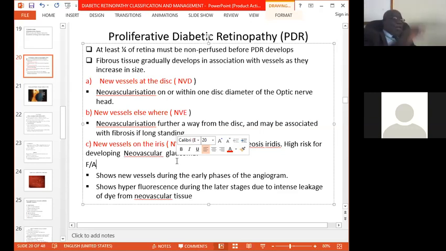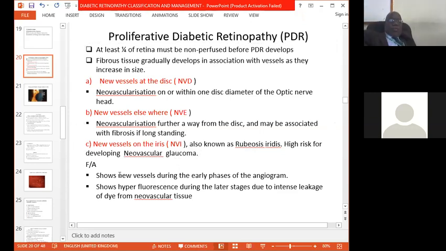But once you find vessels growing anywhere within the retina, it's NVE, new vessels elsewhere. Because the vessels normally in the retina are within the retina, maybe at a superficial surface of the retina, but not actually on it. These are small capillaries growing on the retina. I'm sure there are pictures we shall see very soon.